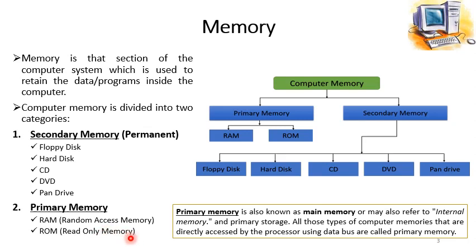When this program is going to be executed, at that time the ROM, that is read only memory, this primary memory, is going to be used. It loads our operating system into our computer.